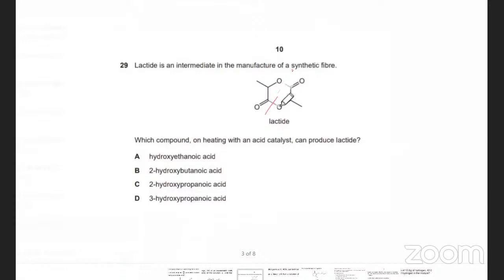So I've broken the ester link, right? And now when I break the ester link, this would turn into an alcohol, this would turn into an alcohol, this would turn into a... is that clear? Yes, sir.